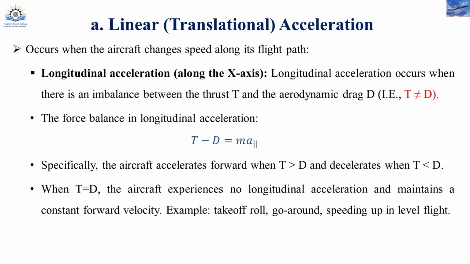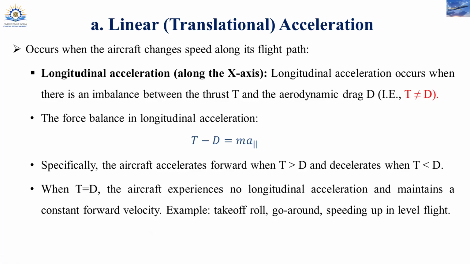Here, thrust minus drag can be plus or minus. If it is plus, thrust is greater than drag, which means our aircraft is accelerating forward, as when the aircraft is climbing.